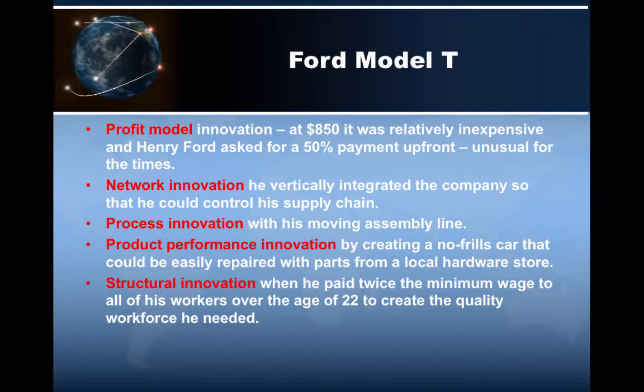Amazing. Structural innovation. When he paid twice the minimum wage to all of his workers over the age of 22 to create the quality workforce he needed. You remember in the previous episode, I talked about how another way of doing this was hiring really top talent. Well, this is another way of achieving structural innovation.